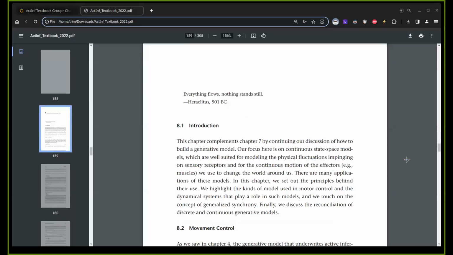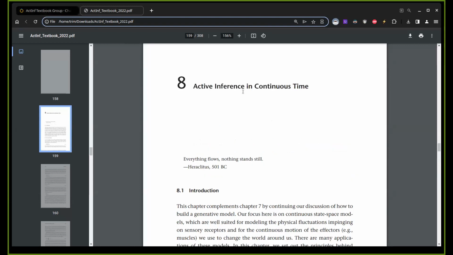Okay. Anyone else want to have any general thought or question, raising their hand or in the chat, on 8 and continuous time? I really like that chapters 2 and 3 give us the two ways to get to ActInf, the low road and the high road, the how and the why.